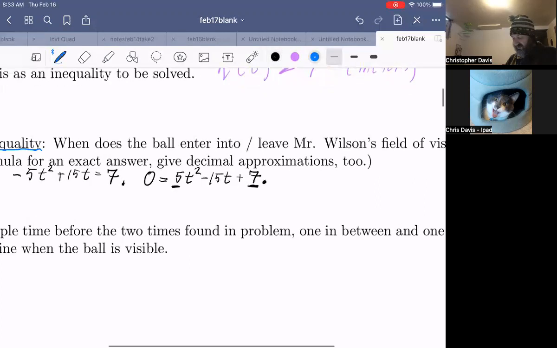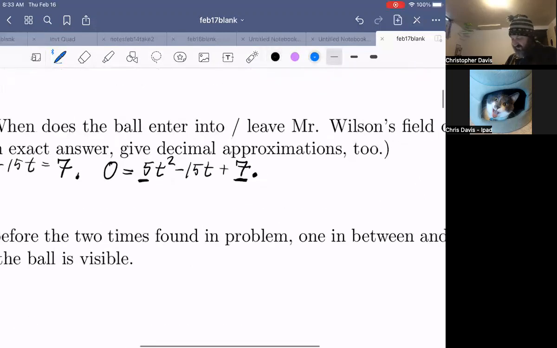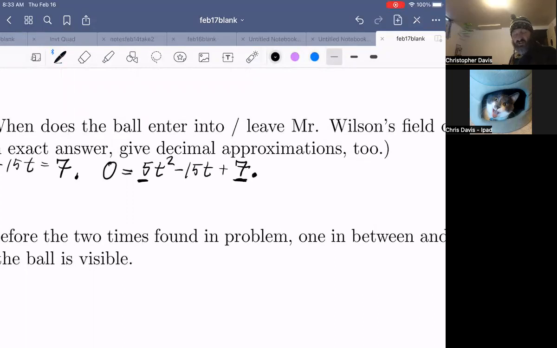So let's use the quadratic formula to do this. By the quadratic formula, x is equal to negative b, so negative 15, also known as positive 15, plus or minus the square root of negative 15 squared, those parentheses matter, minus 4 times a times c, all over 2a.